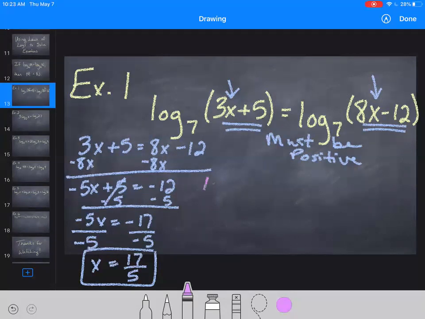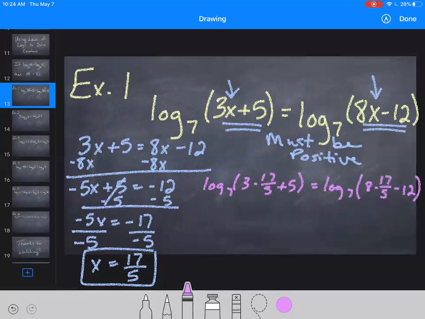I have log base 7 of 3 times 17 fifths plus 5, close my parentheses, is equal to log base 7 of 8 times 17 fifths minus 12.